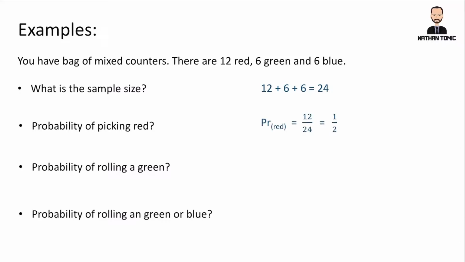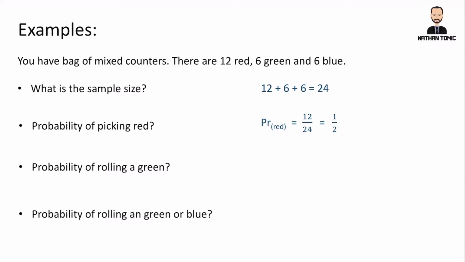So the probability of a red is the 12 possible reds divided by the 24 total possible counters, which again, if we can simplify that, becomes 1/2. So theoretically, in this set of counters, if they're all equal and mixed up properly, then we have a 1/2 or 50% or 0.5 probability of picking a red counter randomly out of that bag of counters.